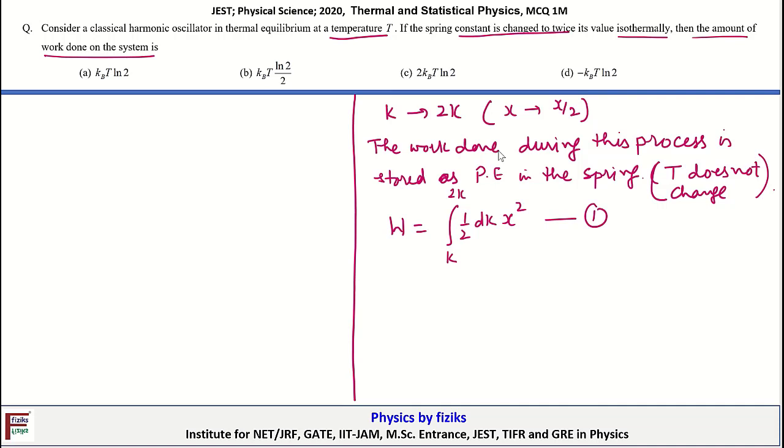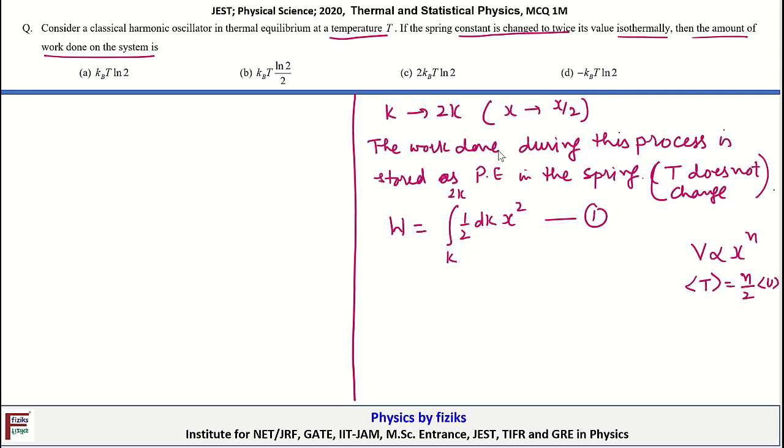Now according to the Virial theorem, when a particle is subject to a potential of the form b x power n, the relationship between the average kinetic energy and the average potential energy is that average kinetic energy equals n by 2 times average potential energy.